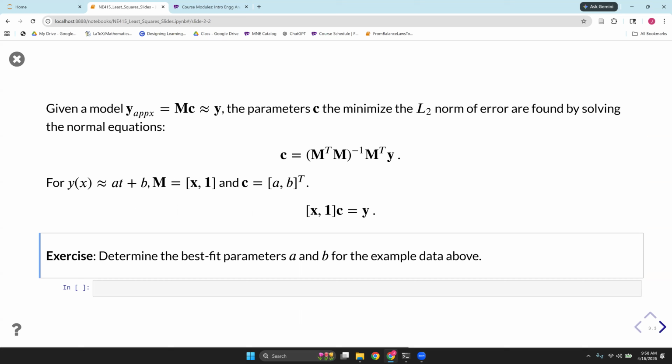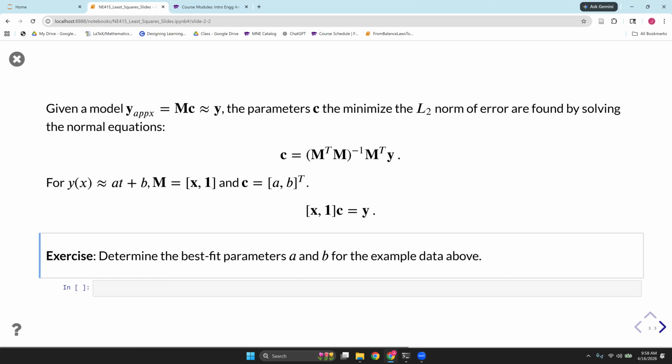The equation that we have is math bold x, math bold 1, times math bold C, is equal to math bold y. Remember, that's where this thing comes from, right? We've got MC, this is my M, so M times C is equal to Y. We would like to find the A and B, which I've tucked into this coefficient vector C. So the first element of C is A, right? Because A goes with X, and then the B, the intercept, goes with the ones. That's just a vector of ones, okay?